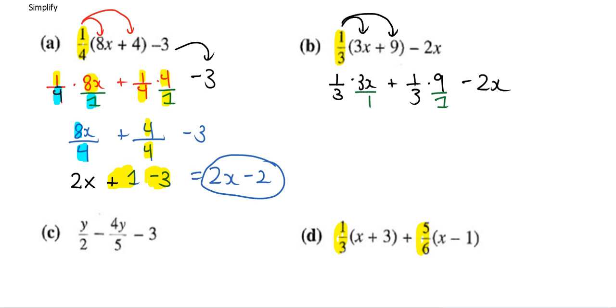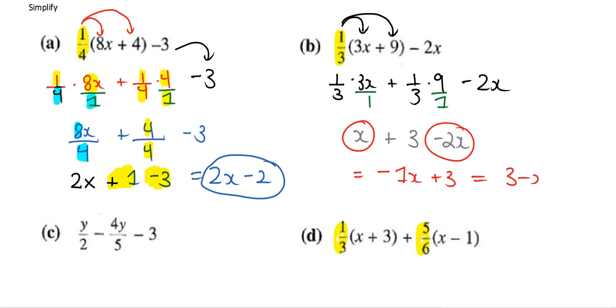Well, 1/3 times 3x, that's going to give me an x, plus 3 minus 2x. Okay, so feel free to do that in one step if you can. And if I combine this x and this negative 2x, like 1 minus 2, that'll be negative 1x plus 3, or 3 minus x. Same thing. These are the same expressions.